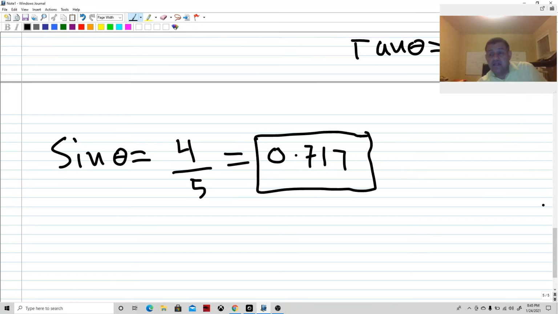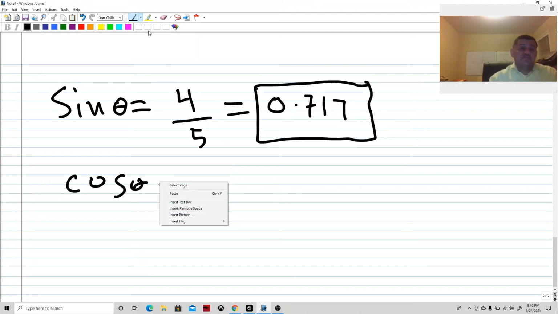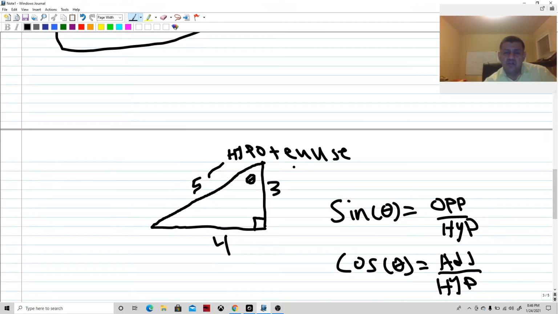Now let's do the cosine real quick. Cosine of theta is equal to 3 over 5, right? Because that is the adjacent side of the triangle. So here, let me just put an arrow right there.